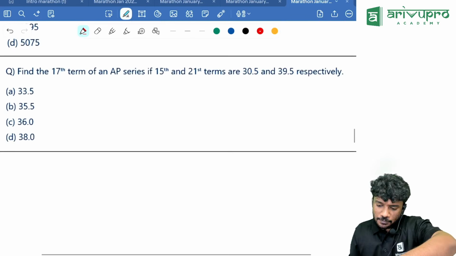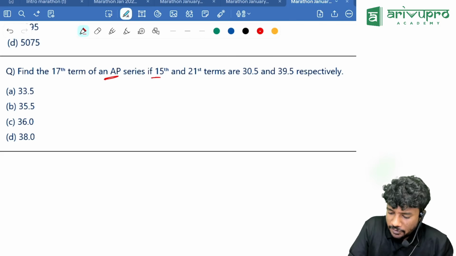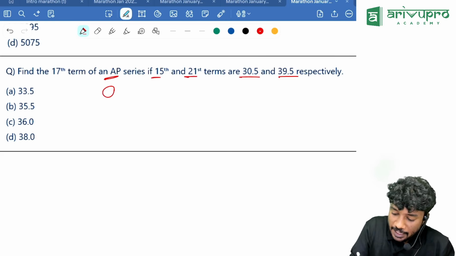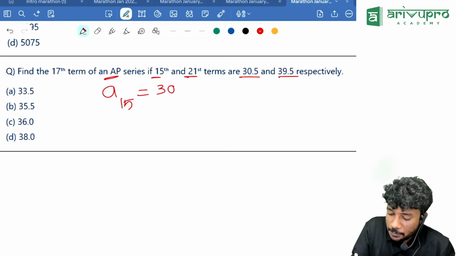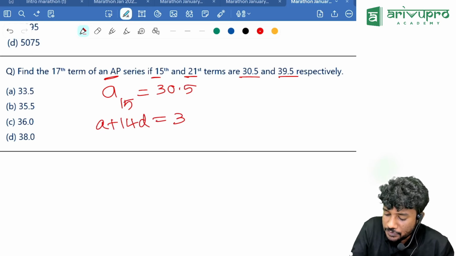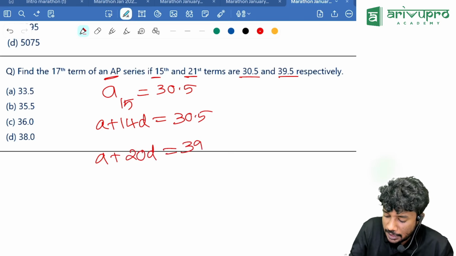See this question. Find the 17th term of an AP if 15th and 21st term are 30.5 and 39.5. A15 is how much? 30.5. That means A plus 14D is equal to 30.5. Then A plus 20D is how much as per the question? 39.5.